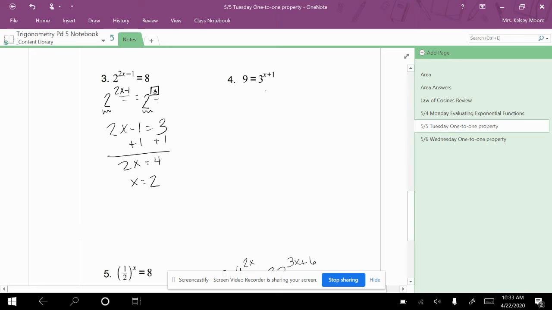So if we take a look at number 4, you have 9 and 3. So what you're asking is 3 to the what power gets you 9? And that would be 3 to the second. So if I rewrite that, now you have your bases as being the same, and you can set your exponents equal to each other.